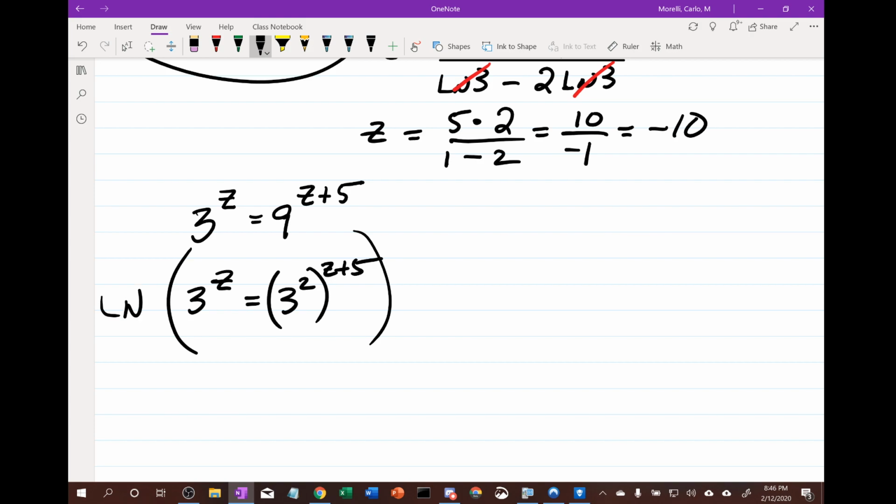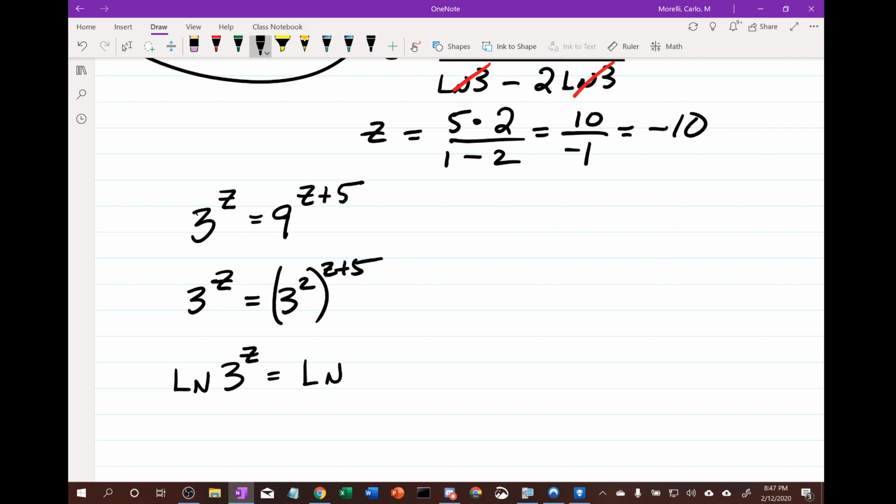So I'll take the ln of 3 to the z equal to the ln of 3 squared to the z plus 5.